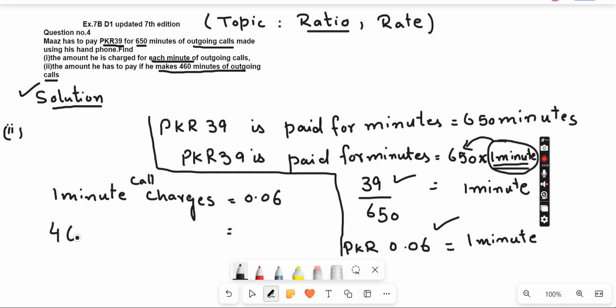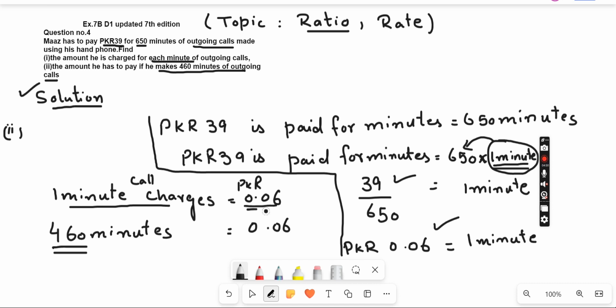And what about 460 minutes? You have the data for 1 minute, so you can easily calculate it for 460 minutes. This is very easy.